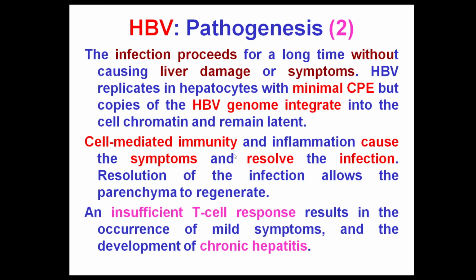If the immunity developed against hepatitis B virus is very strong, most probably we will have liver damage, but then we also have the resolution of the infection. Of course, it takes a very long while for the parenchyma to regenerate, but then it will be a complete recovery.